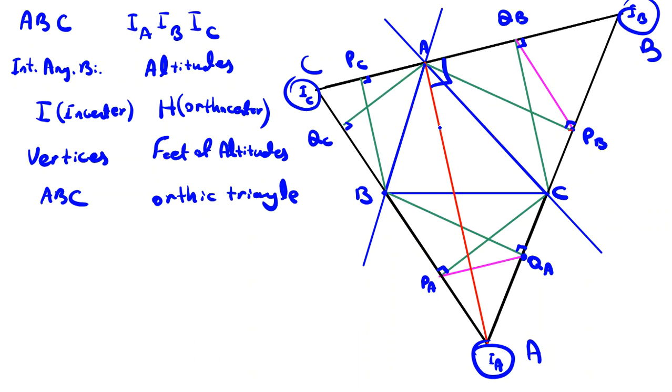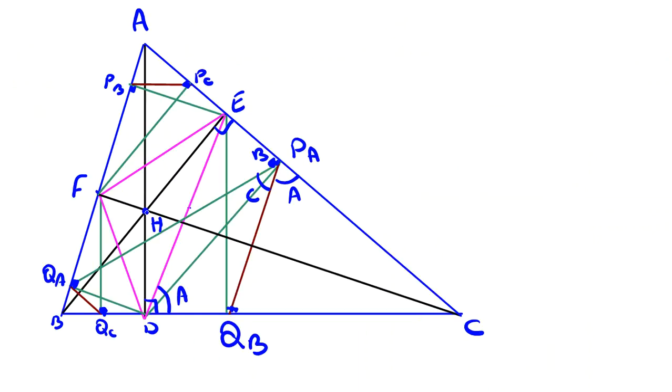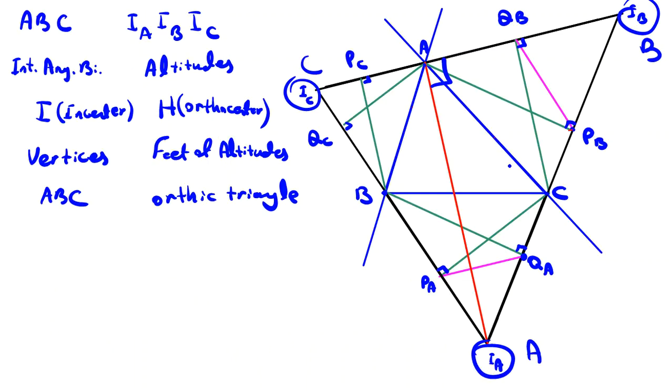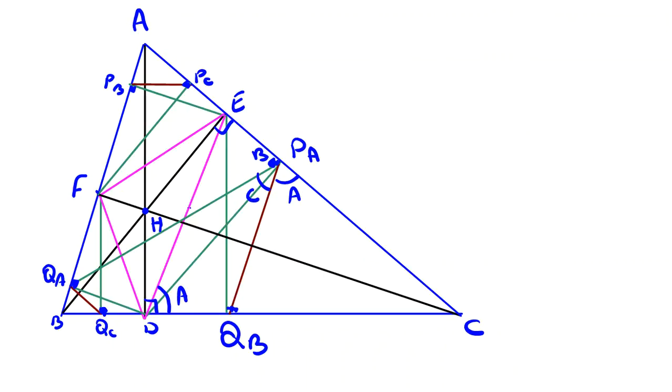And okay, if we consider this case, we should prove these 6 points are cyclic, and the center lies on line HG, where G is the centroid of DEF, because DEF here corresponds to ABC.